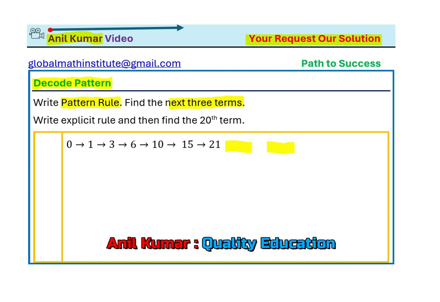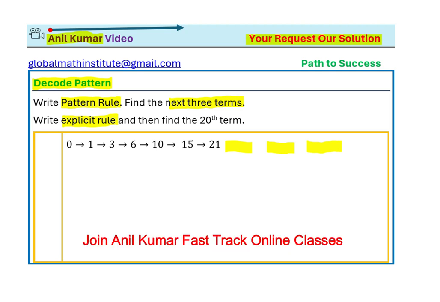Then an explicit pattern rule so that you can find the nth term without following this iterative way of figuring out the next term, right? And then find the 20th term using the explicit rule.